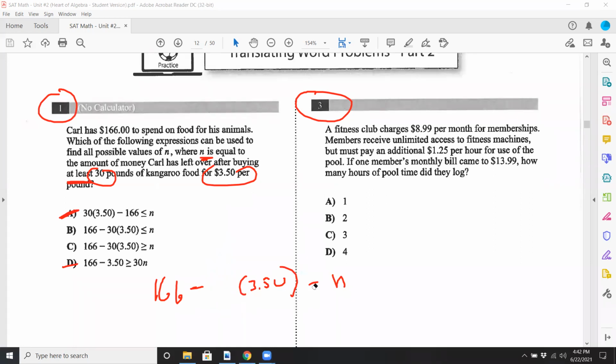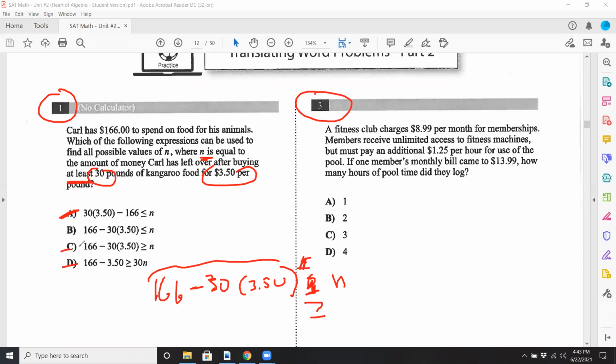N's going to have to be less than that number, because that's the highest N could be. If it were more, then Carl could have had much more money than this difference. He has to be under that difference. That's why N is less than that.